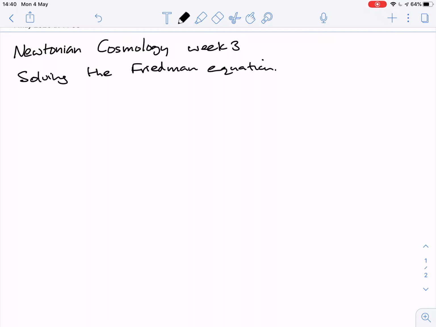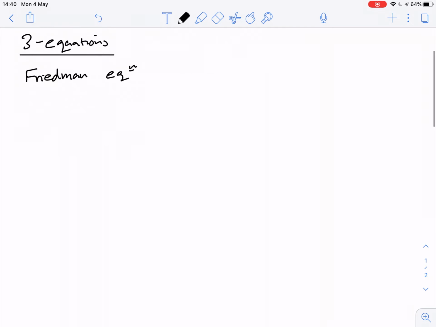And so we've got 3 equations which are kind of central to doing this. We've got the Friedman equation. That's perhaps the most important of those equations, and this links the rate of expansion of the universe, a dot over a, the Hubble parameter, with the density.